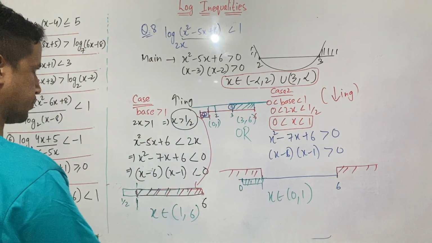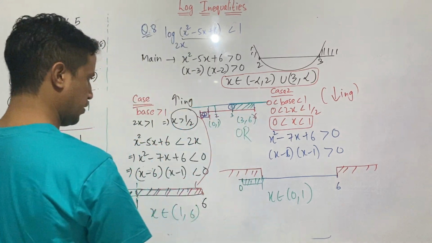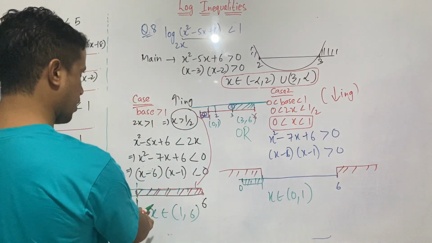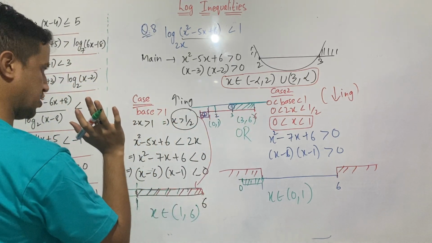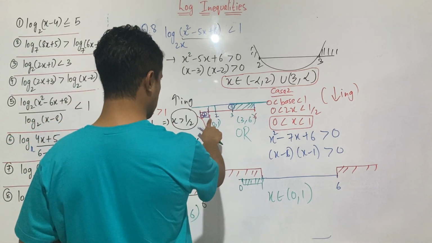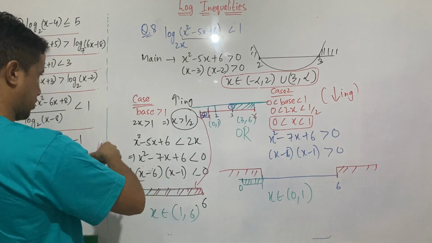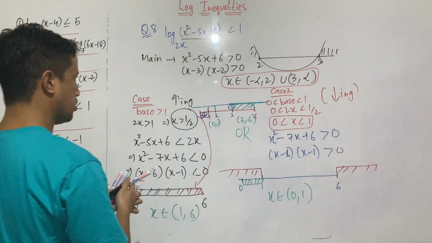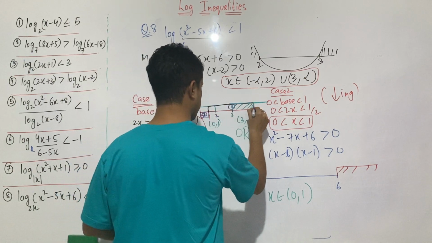So number 1 is 1 to 6, fine. And number 2 was 0 to 1. This one was number 1 in the black.